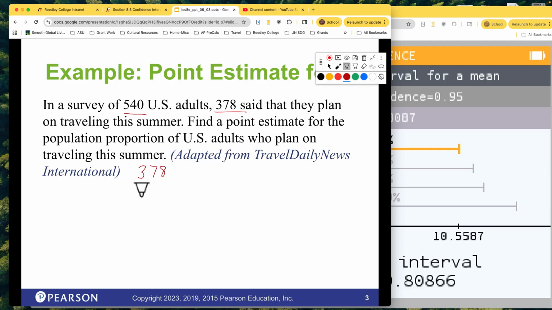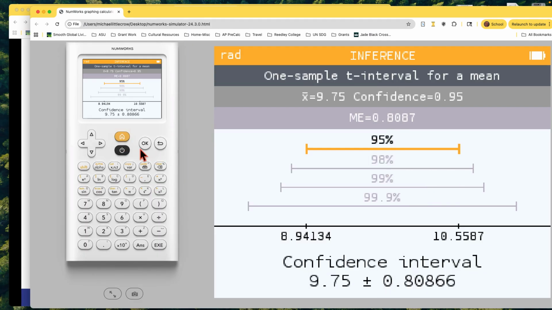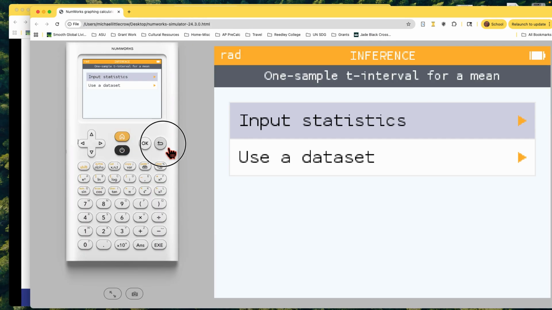I'm going to do it this way, but what you're going to see is we actually don't even need to do this because Numworks has it built into the calculator. But just so you see what it's doing, it's going to take the sample size and divide it into the piece of the sample that said they would travel. I'll show you that one while we're working on this.